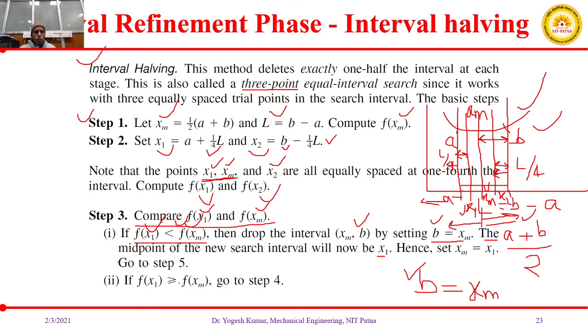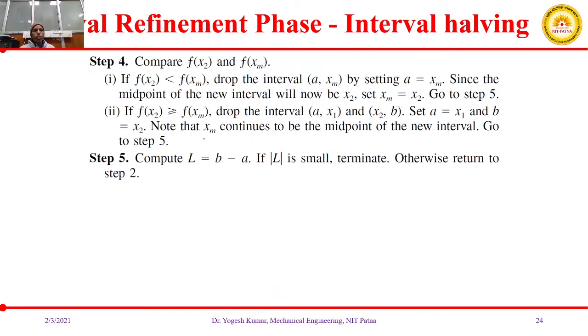Okay, so let us see if this condition f(x1) less than f(xm) is not satisfied. Suppose f(x1) is greater than or equal to f(xm), then you need to go to step 4. So let us see what step 4 is. In this step 4, the condition will be the reverse of the previous one.